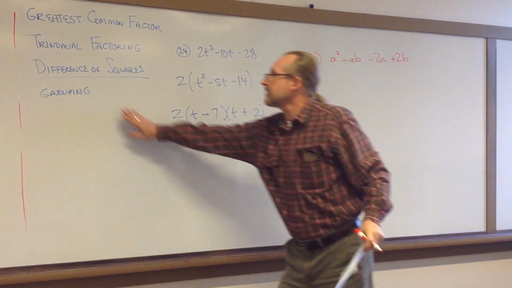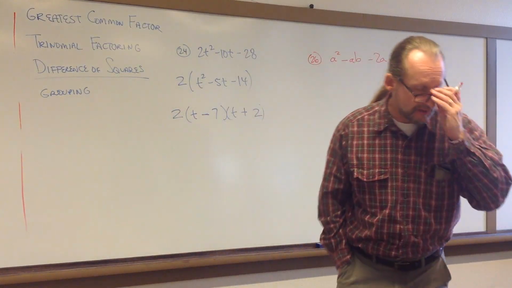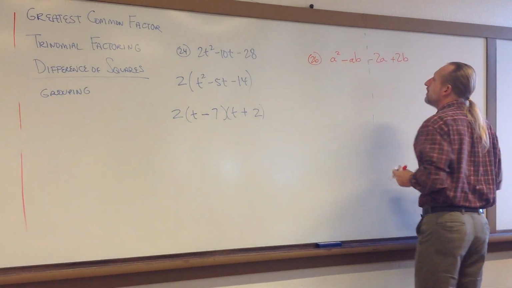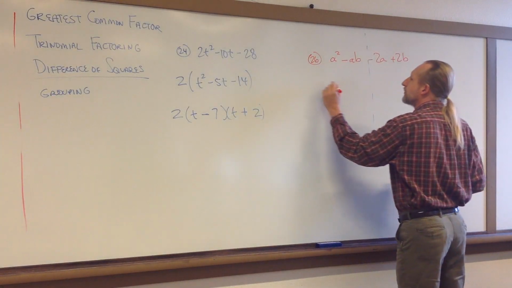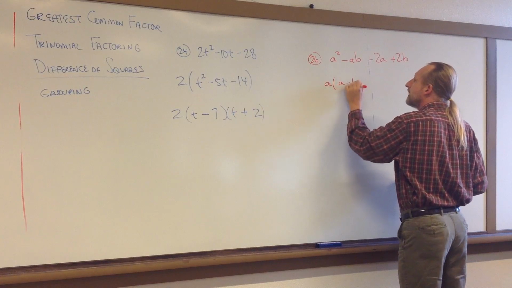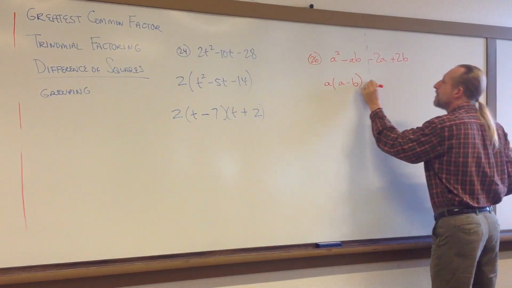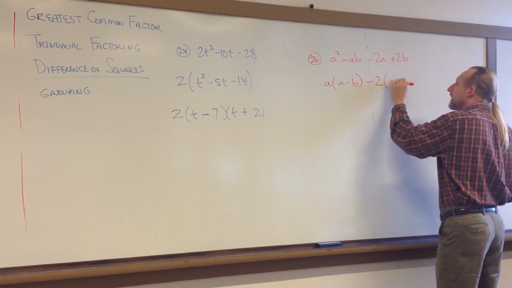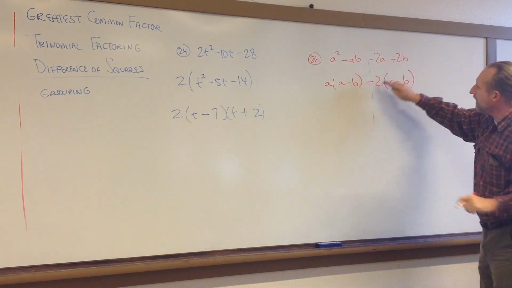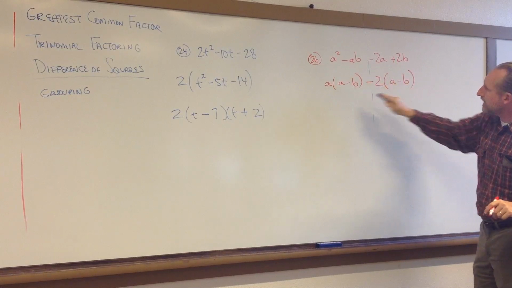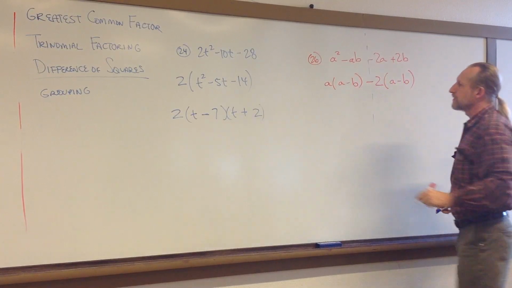Okay? That's the way that factoring by grouping works, is that you've got these 4 terms, right? And then you split it down the middle, factor out from the first 2, here it'll be an a. Notice this minus sign, that means we want to factor out a minus 2, and that'll also be a minus b, right? When you factor out a negative, that'll change this sign, make it negative, and it matches this one, which is nice.